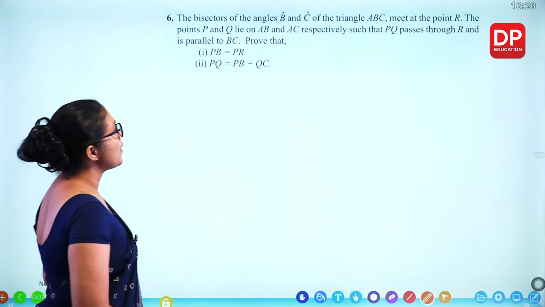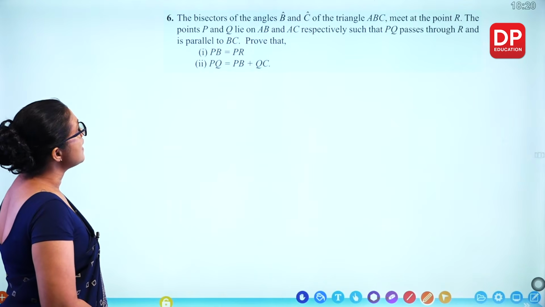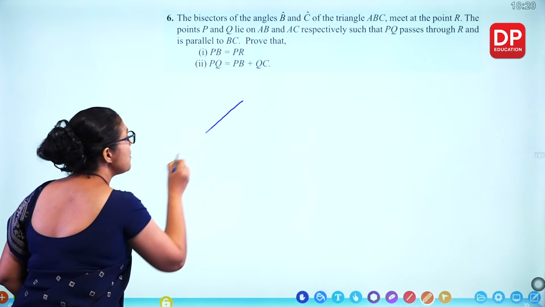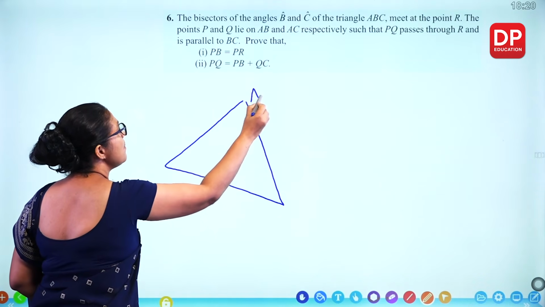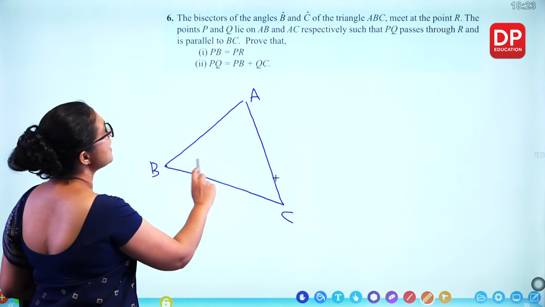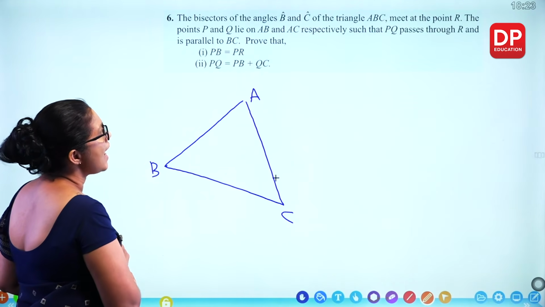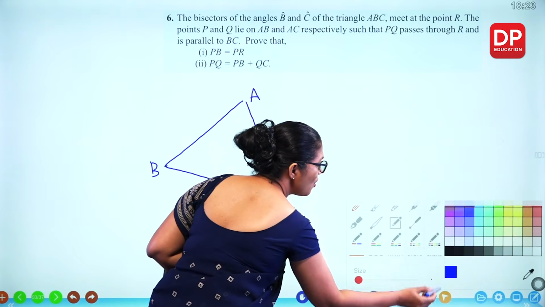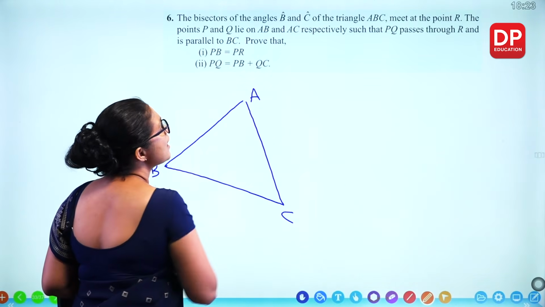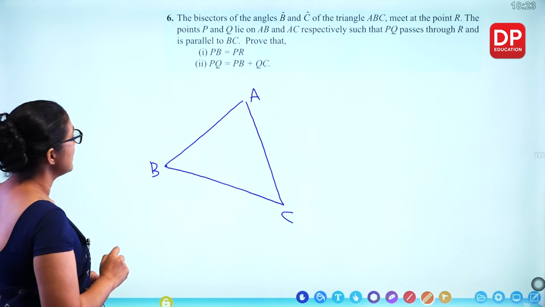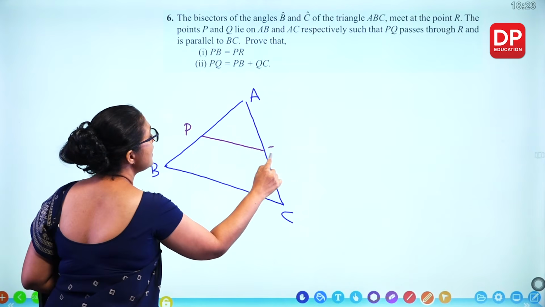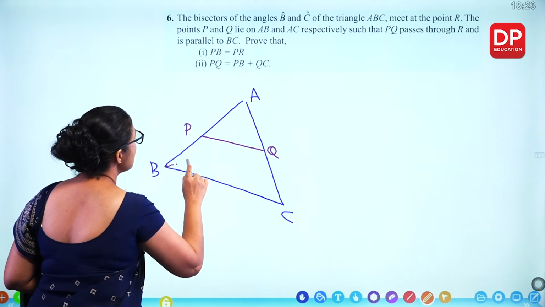Now we'll do the sixth question. It says the bisectors of the angle B and C of the triangle ABC. So that means we'll take the triangle ABC. Now in the triangle it says the bisectors of B and C meet at R. And also it says BC and PQ both are parallel.